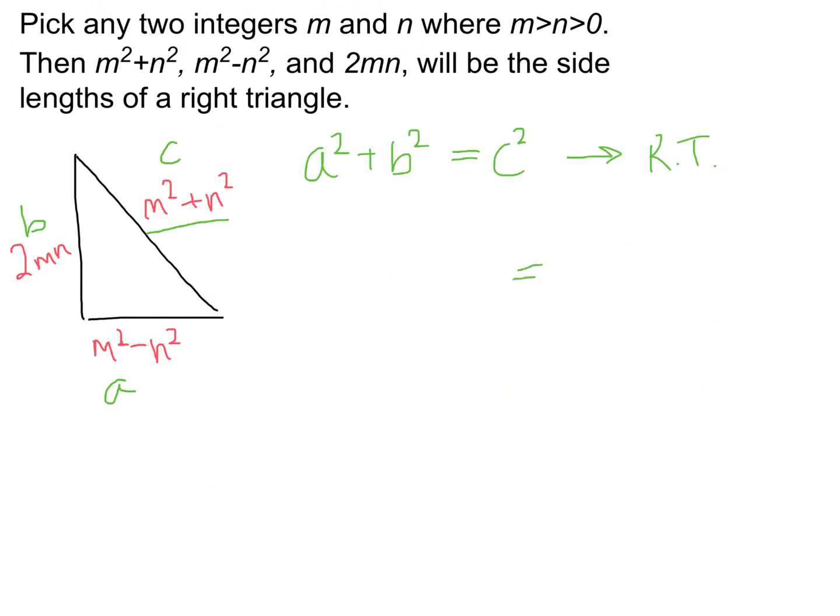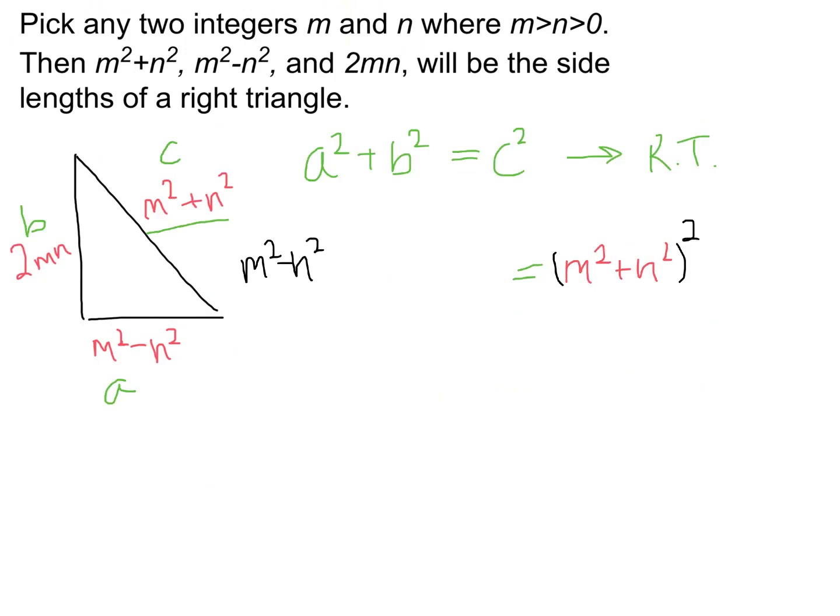Okay? So what I need to prove is a little more complicated. It's simply that m squared plus n squared, squared is equivalent to a squared plus b squared, where a is m squared minus n squared.